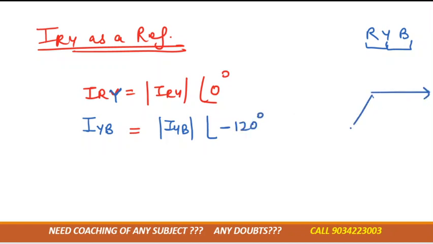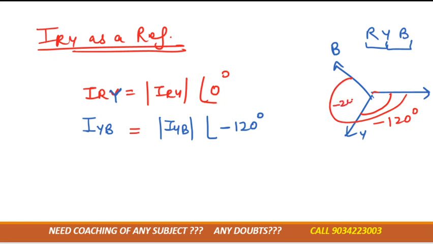Remember the sequence R, Y, B. If I take RY as a reference, the angle between R and Y is minus 120 degree, the angle between R and B is minus 240 degree, and if I see it from the above side, the angle would be plus 120 degree. So the first sequence is RY, the second is YB, then the third one is IBR.